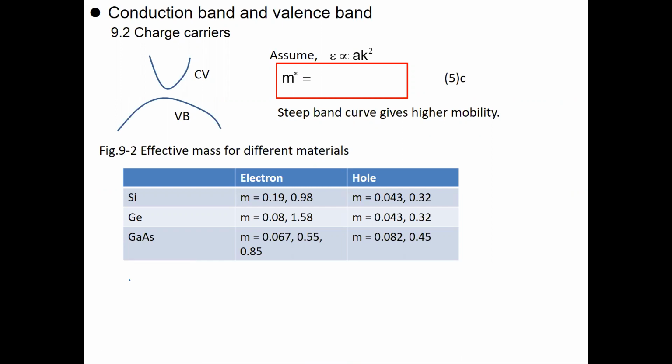Again, what it means is more important. In the case of epsilon proportional to a constant a times k squared, you can take the derivative twice and obtain the effective mass like this.